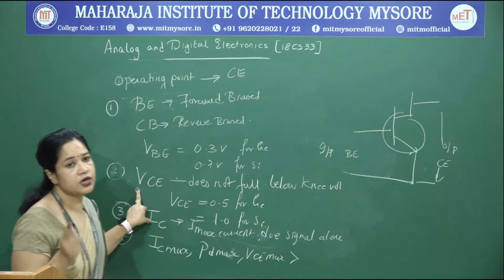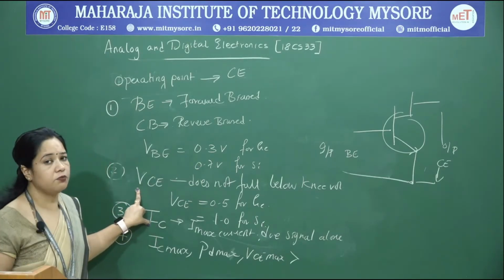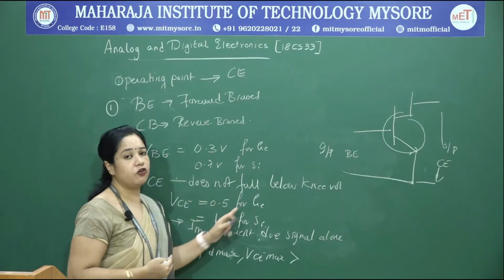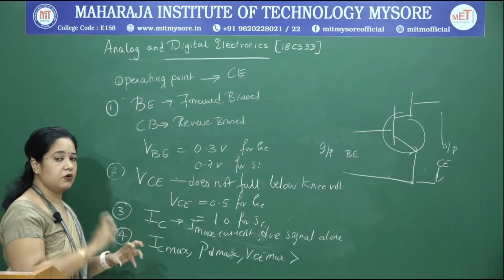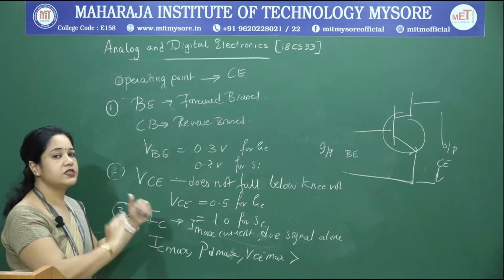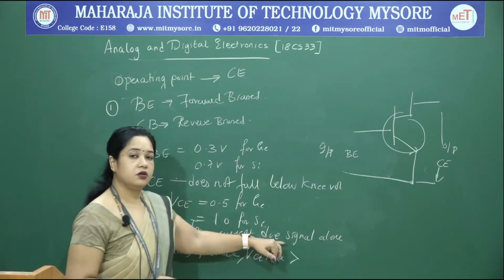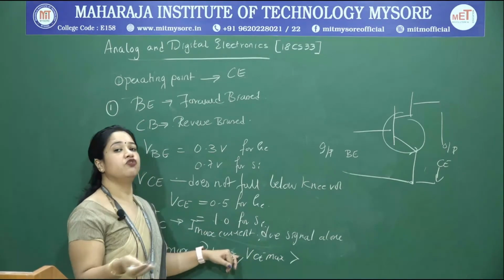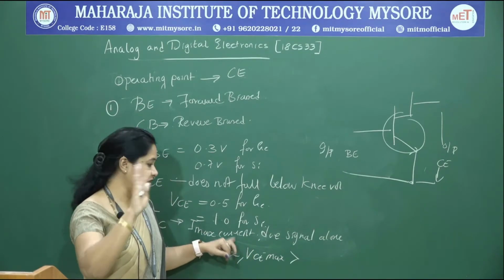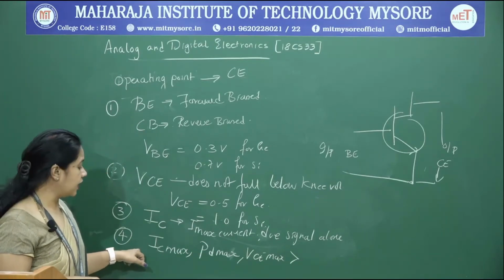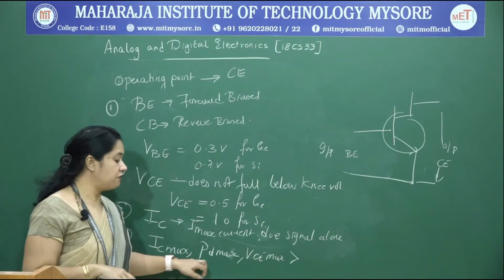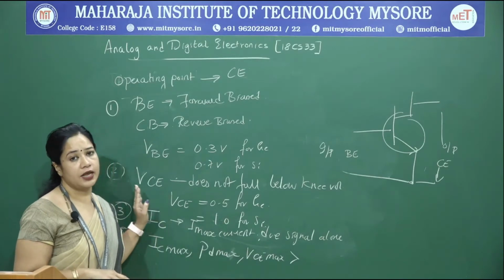Along with this, you should ensure collector emitter voltage does not fall below the knee voltage, which is 0.5 for germanium and 1 for silicon, and some amount of current is to be maintained always in the circuit, and that is the maximum current which would flow in the circuit in the presence of signal alone. And along with that, you should see to it that maximum current, power and voltage ratings are not exceeded.